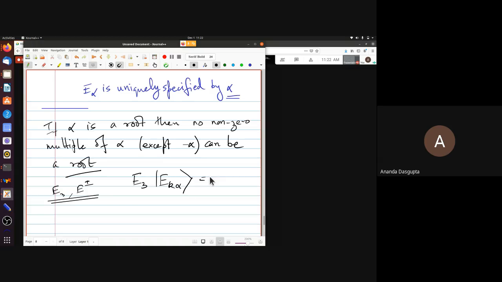What will this be? Well, this will correspond to the commutator, which is again alpha I by alpha square, Hi Ek alpha. So what is this going to be?